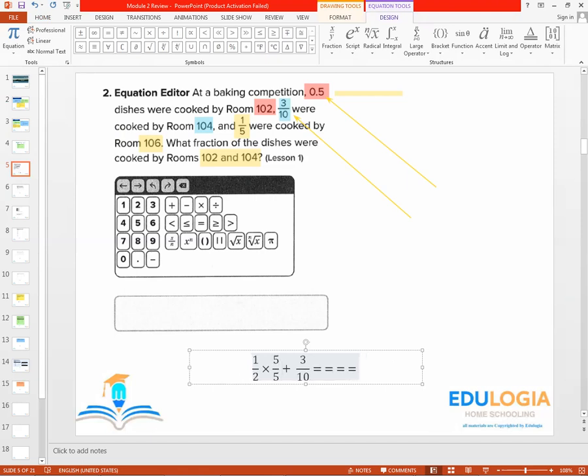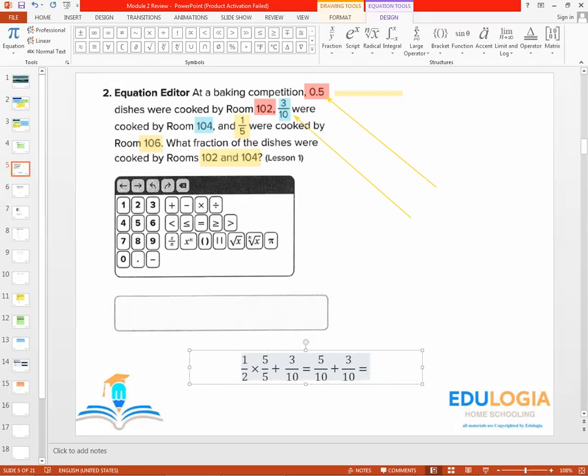Here we go. The first part, multiplying half by 5 over 5, it will be 5 over 10. And keeping the second fraction as it is, 3 over 10. Now, the same denominator, adding above only.